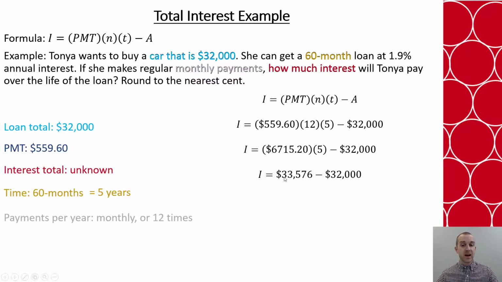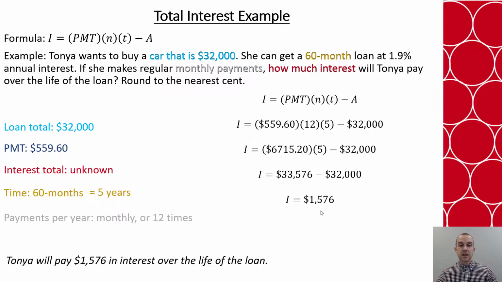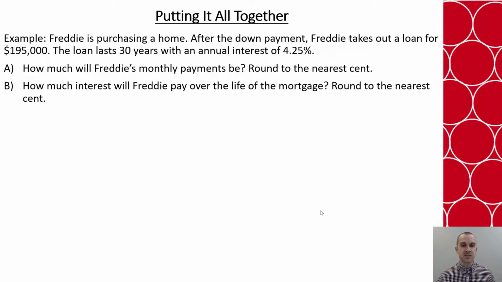Multiply that by 5 is going to give me $33,576. And now I'm going to subtract the $32,000 to get $1,576. That means in a 5-year period at that interest rate, Tanya will be paying to that loan company $1,576.